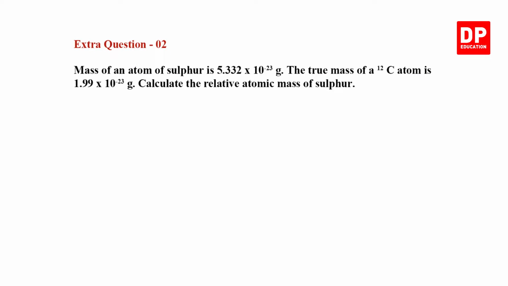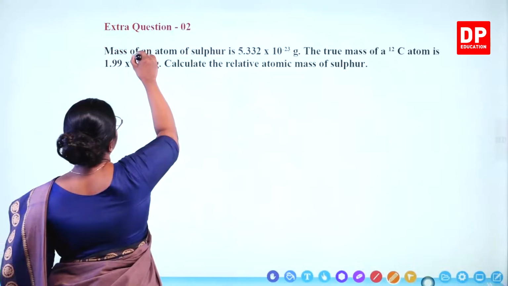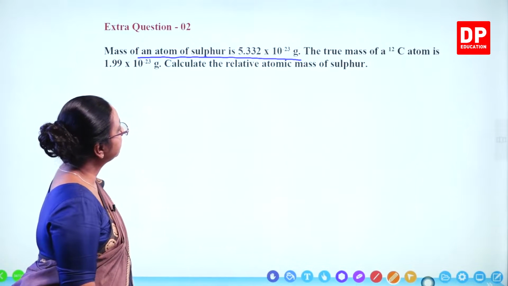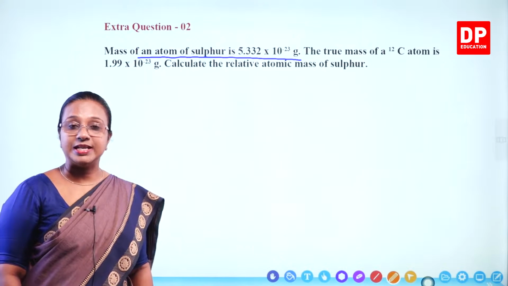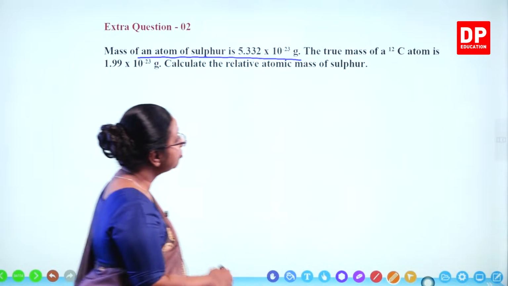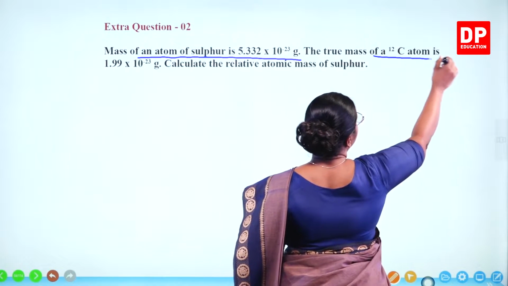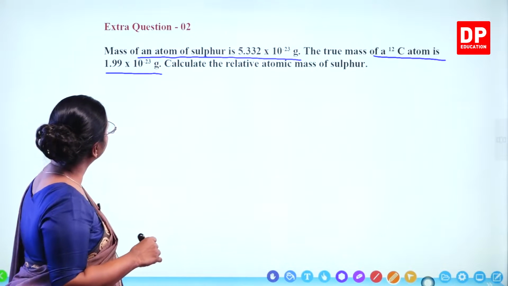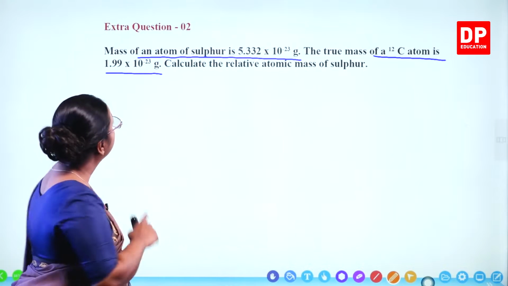Extra question 2. Mass of an atom of sulfur is given to you. So mass of an atom of sulfur is 5.332 into 10 to the minus 23 grams. The true mass of a 12 carbon atom is 1.99 into 10 to the minus 23 grams.